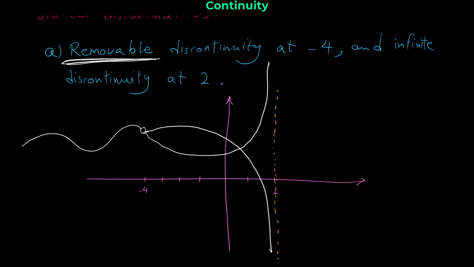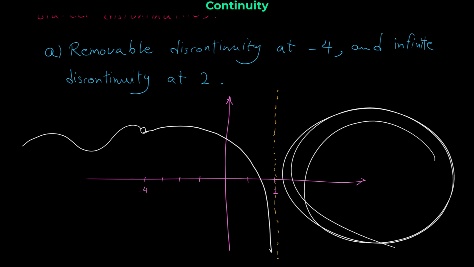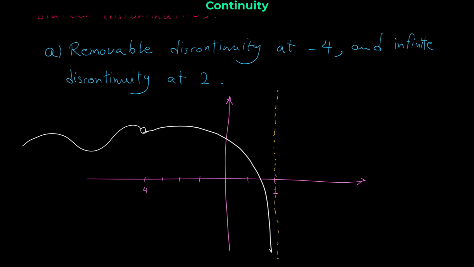Here I prefer, for example, to choose going downward. Maybe you prefer to go upward. What about right side of 2? What we have to graph in the right side of 2? So you can graph anything you want here, but don't forget at 2 you have infinite discontinuity, so maybe it's better to go toward infinity when you approach 2.